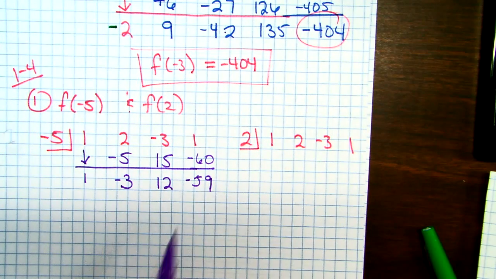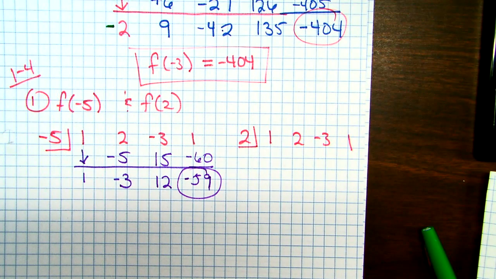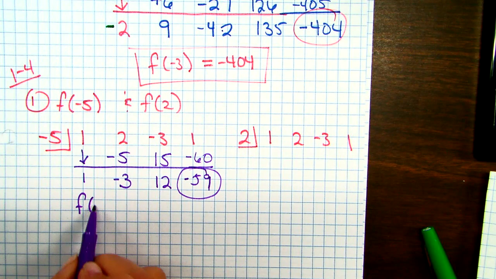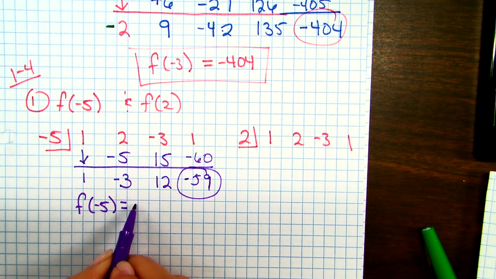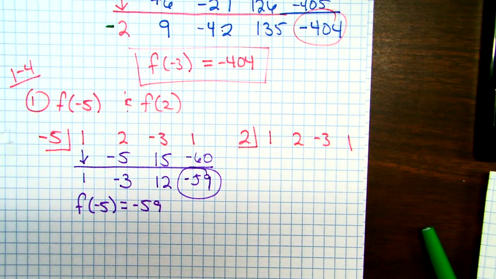So the answer is negative 59. Somehow you have to tell me the answer is negative 59. Don't just do the synthetic division and walk away. The best way to write it is to say when I plug in negative 5, I get negative 59. That's the answer.